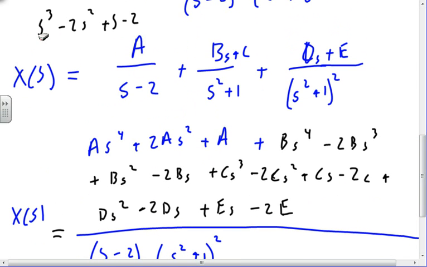If I did this right, which it looks like I did, bs to the 4th minus 2bs cubed, cs cubed minus 2c, and then this guy.